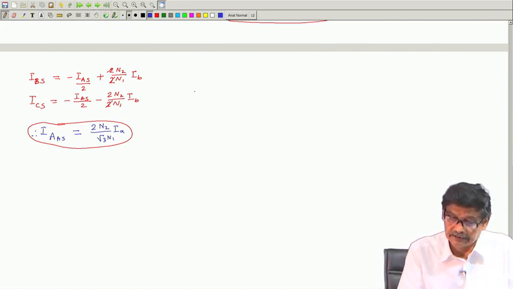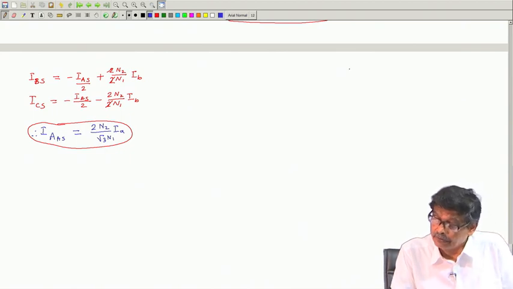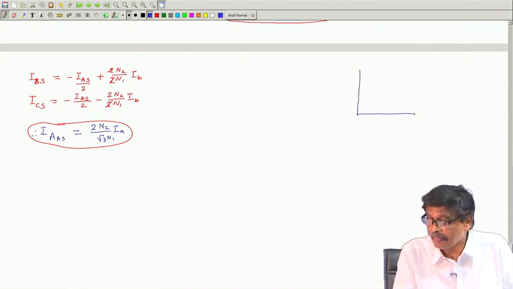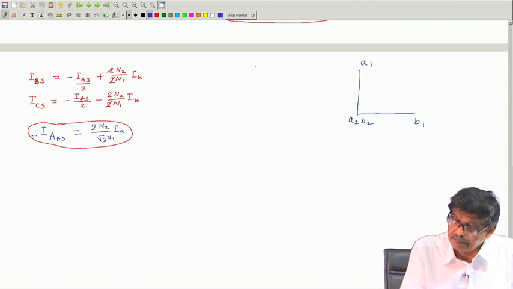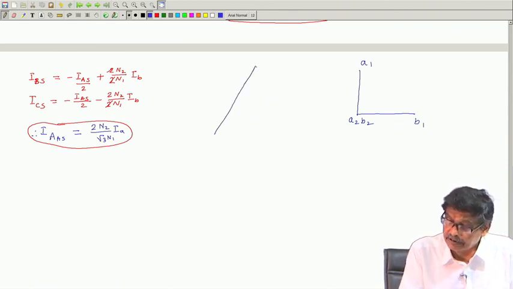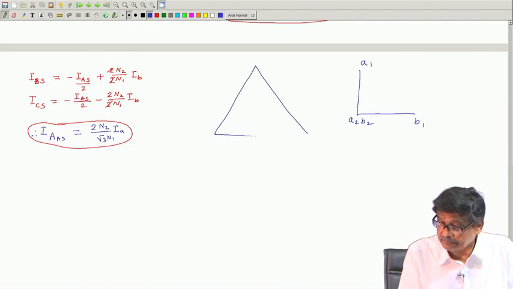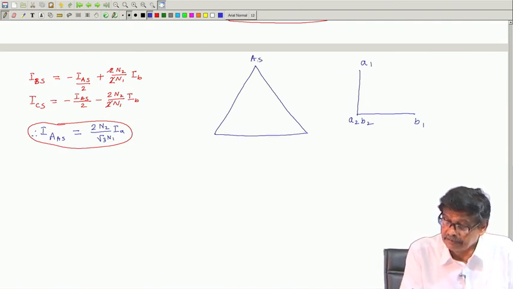voltage and primary. So, that phasor diagram is also needed to indicate that. So, it was like this, A1 B1 and this is A2 B2, and primary phasor diagram was like that, AS, BS and CS, and this was the point 2.